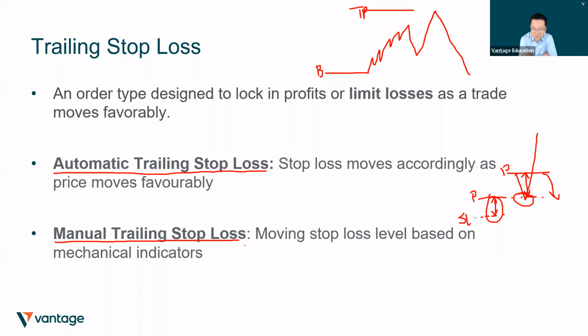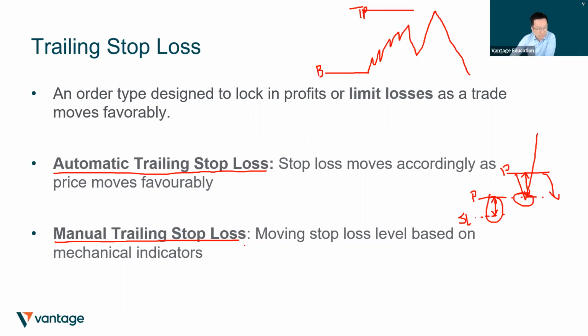We're moving the stop loss levels based on mechanical indicators or mechanical signals or levels. So based on different things that tell us, hey, if price goes past this point, it's going to go lower, we can move our stop loss to that indicator level or to that price level, because it's going to be protected.